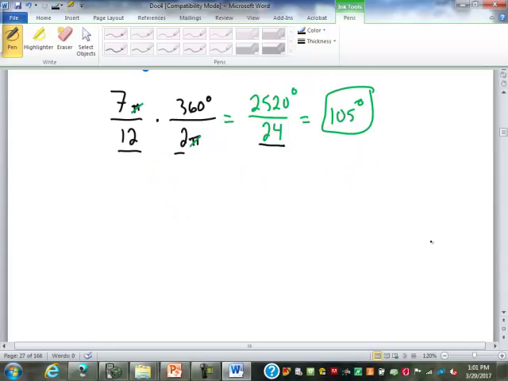So, let's have you try pi over 2 radians into degrees.